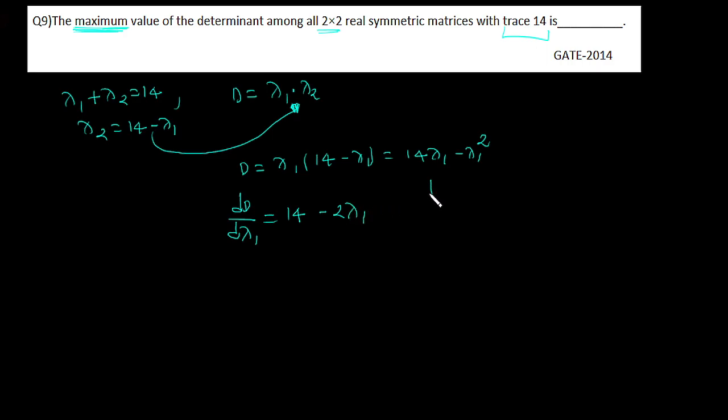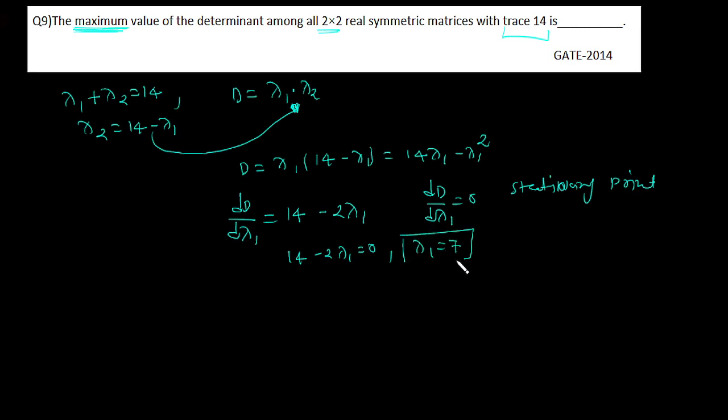Now equate del d by del lambda 1 to 0, because we are finding the stationary point of this function. So 14 minus 2 lambda 1 equals 0. From there you get lambda 1 equal to 7.